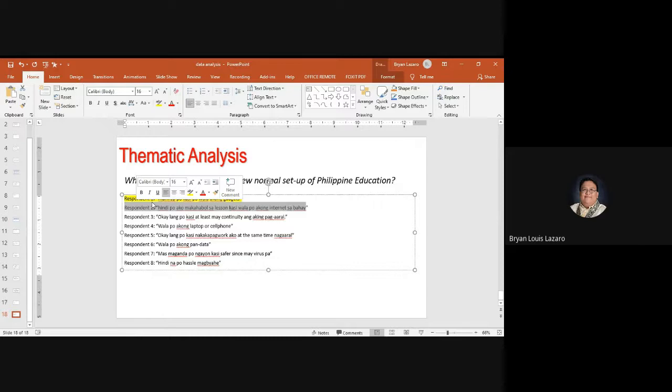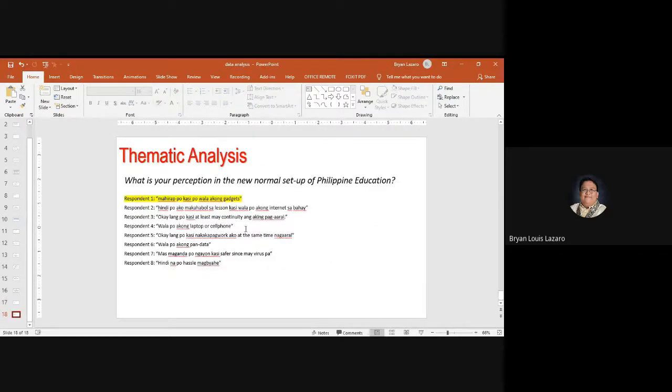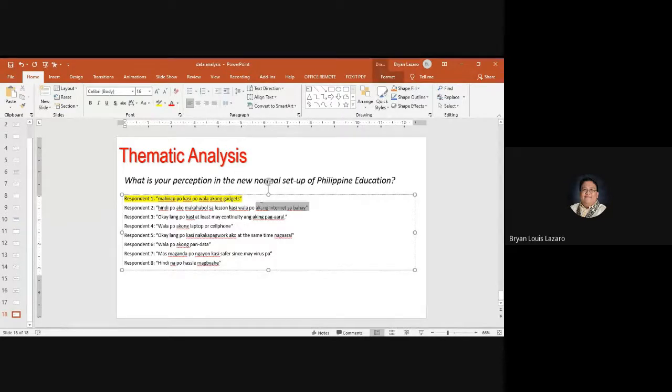So halimbawa ito, hindi po ako makahabol sa lesson kasi wala po akong internet sa bahay na response. Hindi naman siya related dun sa yellow. So ibang kukulayan ko siya ng iba, green. Okay lang po kasi at least may continuity ang aking pag-aaral.